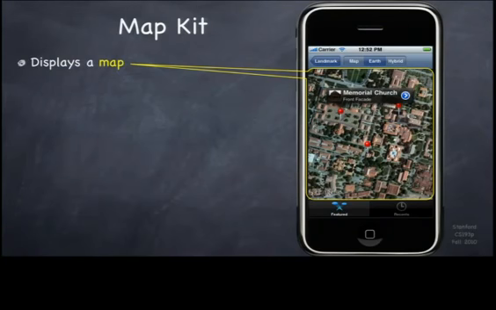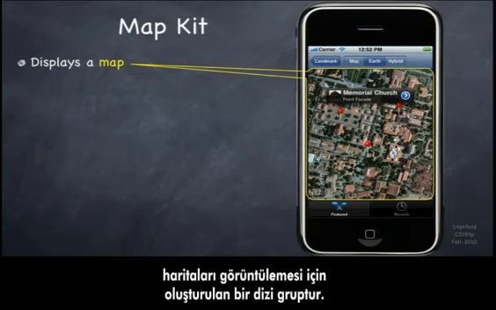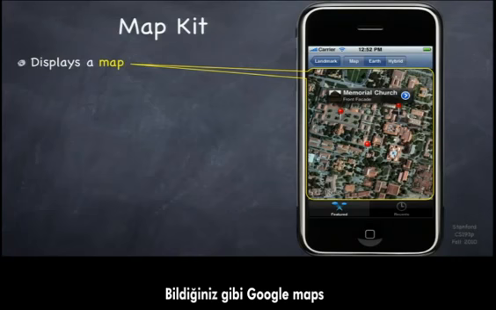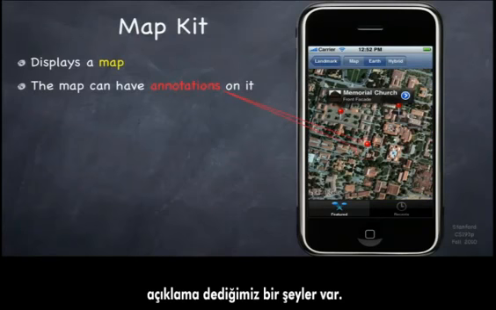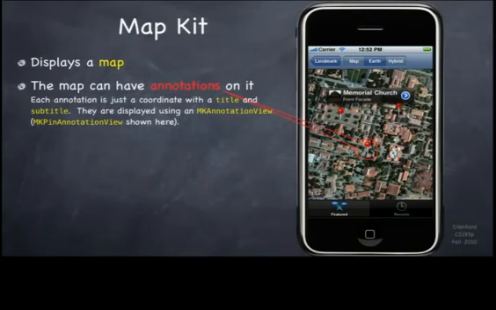Okay, so what is MapKit? MapKit is a set of classes for a user interface for displaying maps. These are Google Maps. You can see here I've got a map view up here displaying a map. The map has what are called annotations on it. Annotations are these little red pins.